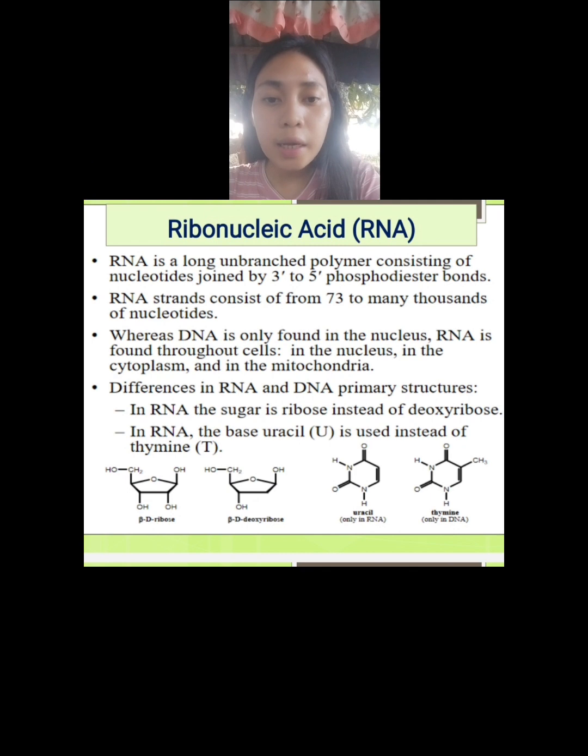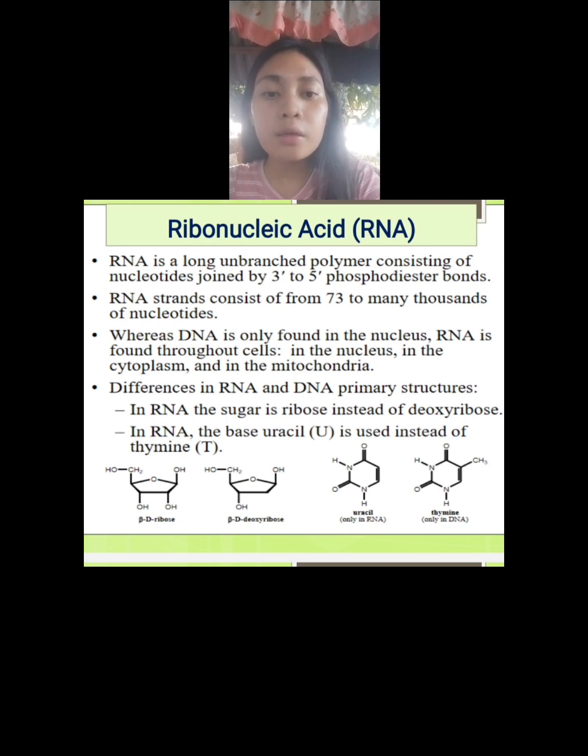Unlike DNA, which is primarily located in the nucleus of cells, RNA is found in different parts of the cell, including the nucleus, cytoplasm, and mitochondria. One of the key differences between RNA and DNA lies in their primary structures.